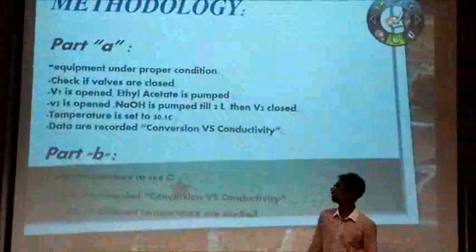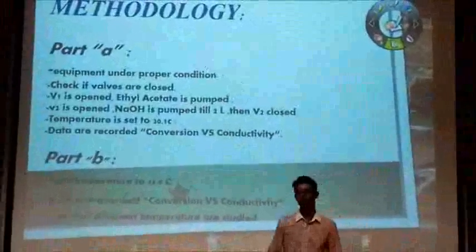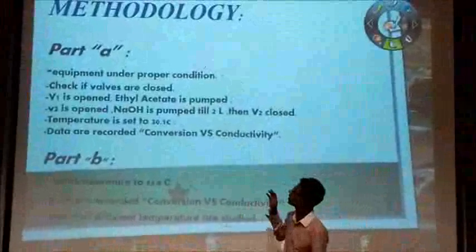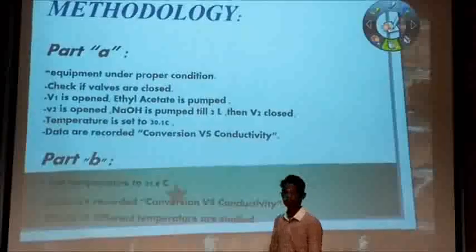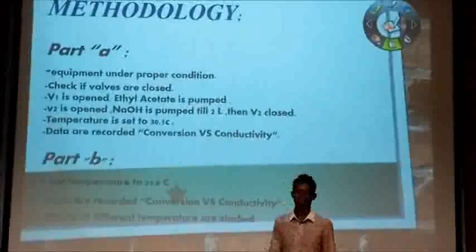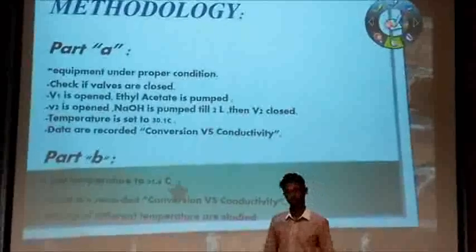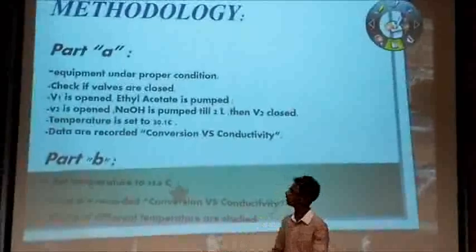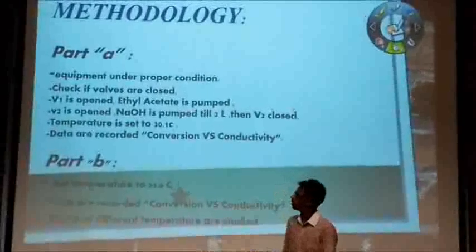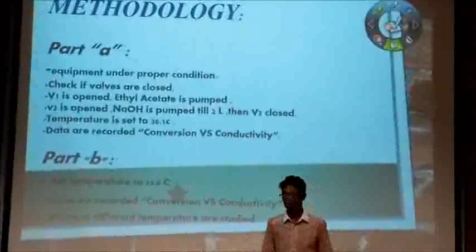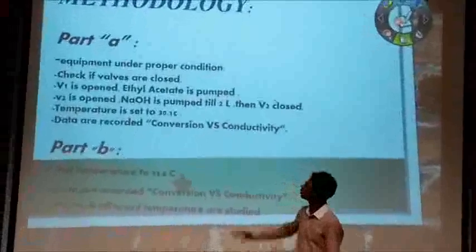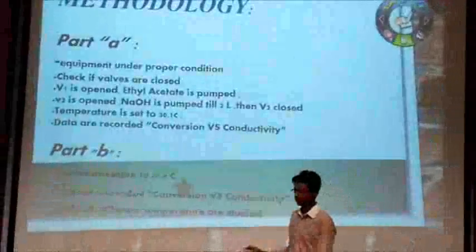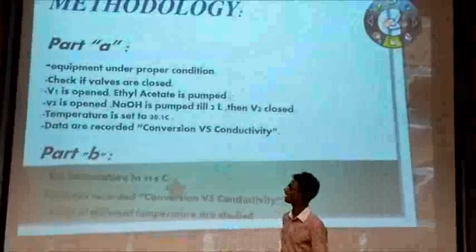When you go to part A, first of all, we have to make sure that the equipment is in proper condition. Secondly, we have to check if the valves are closed, because we have to make sure there is no inlet of any solution inside the tank. After that, we have to make sure that V1 is open, so that ethyl acetate is pumped into the first tank.